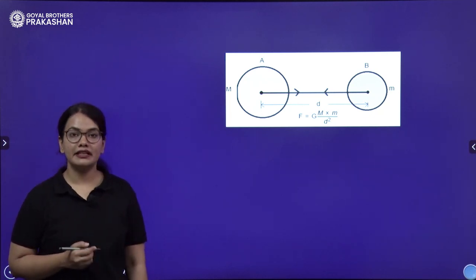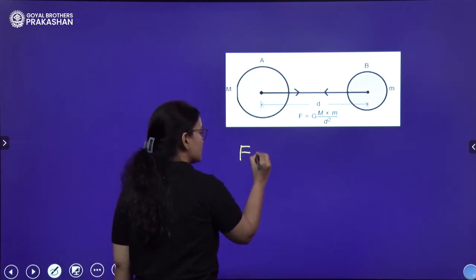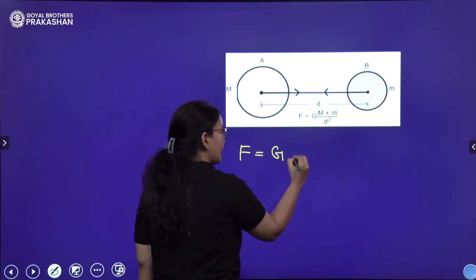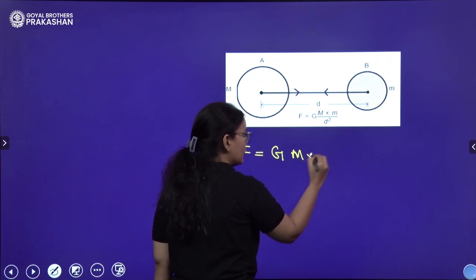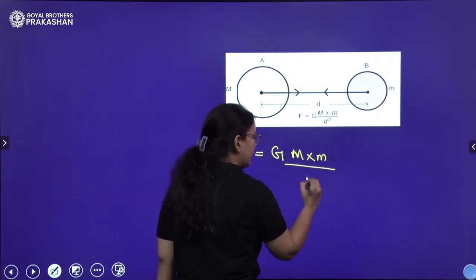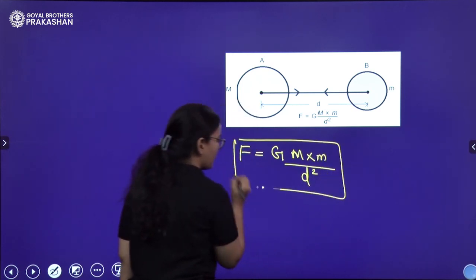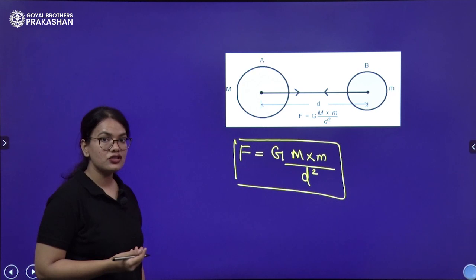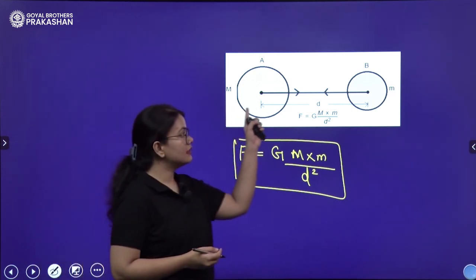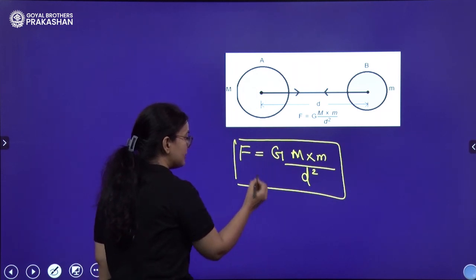So, from the animated video, you have learnt that the gravitational force is equal to G capital M into small m divided by d square, which is the force that capital M is applying on small m or vice versa. And what is this capital G?